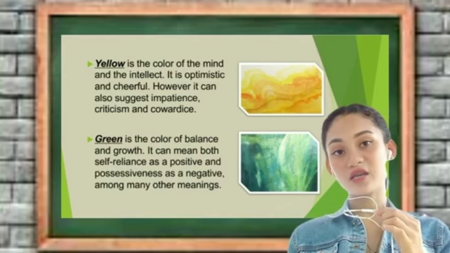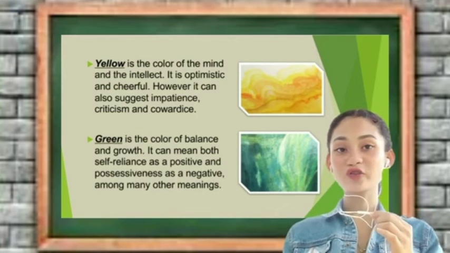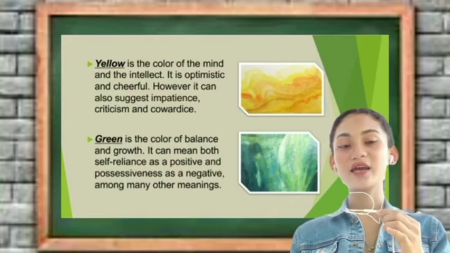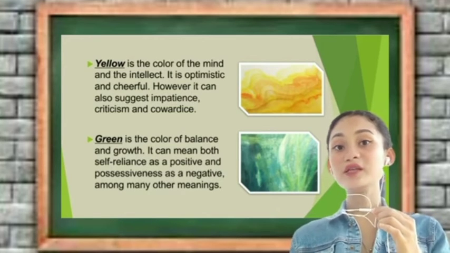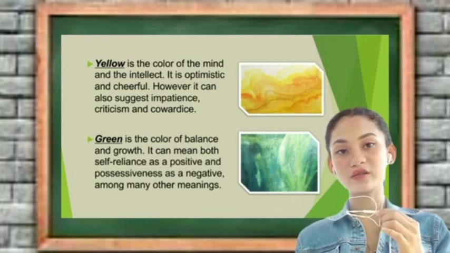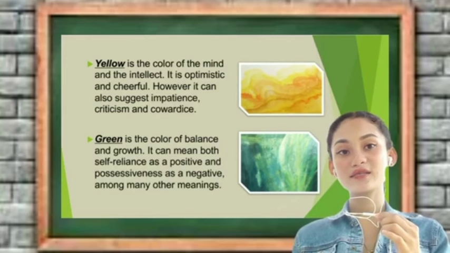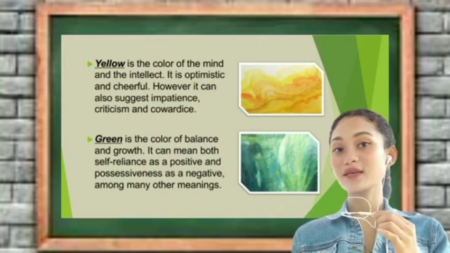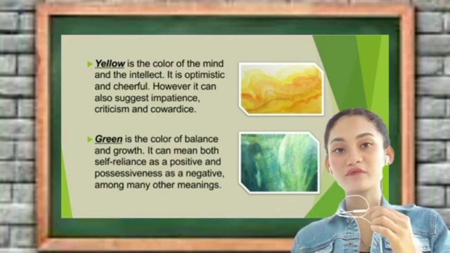It cleans the digestive tract. Yellow is the color of sun, light, and heat. It encourages, activates, and is playful, then maintains alertness, promotes concentration and motor skills. It is the color of happiness and joy. Yellow is a mental stimulant. So that is the psychological meaning of the color yellow.